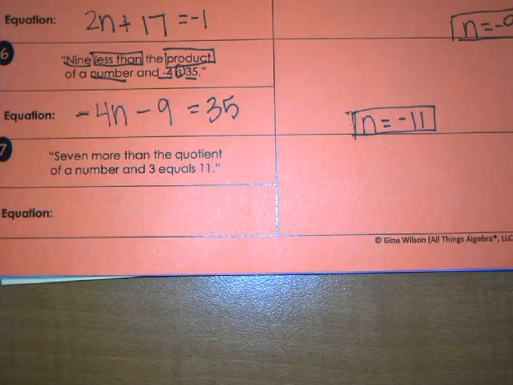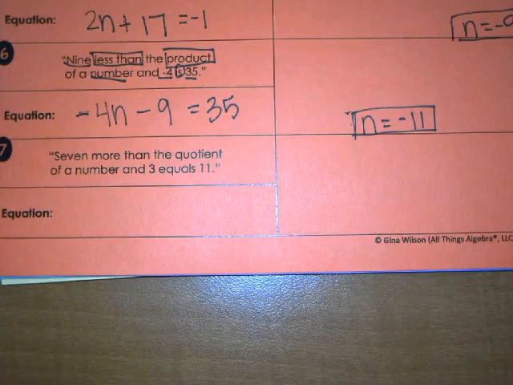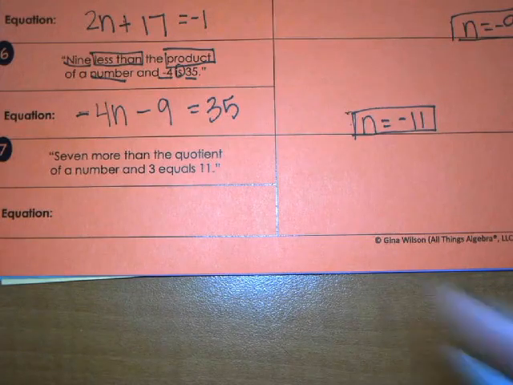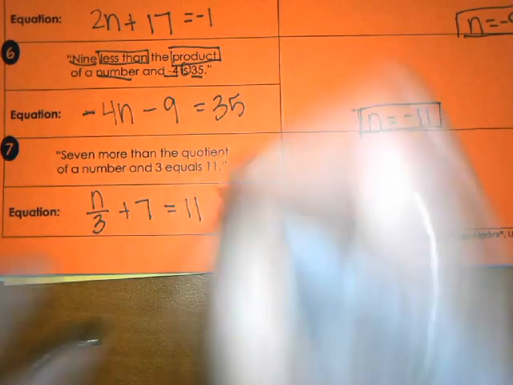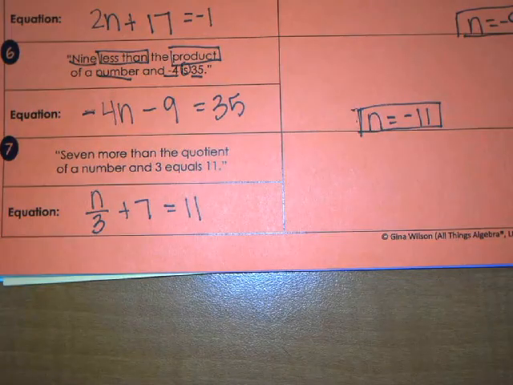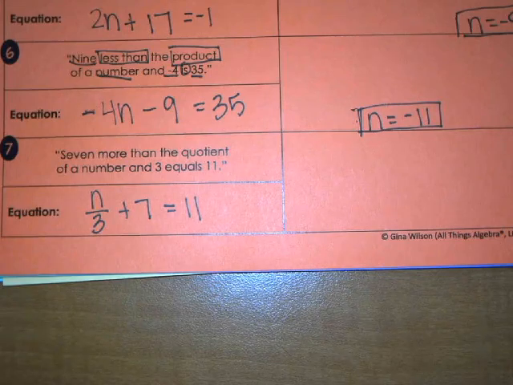All right, number 7. How'd you write it? N divided by 3 plus 7 equals 11. Perfect. So that is how I wrote mine. If you wrote 7 plus n divided by 3 equals 11, is that okay? Yeah.